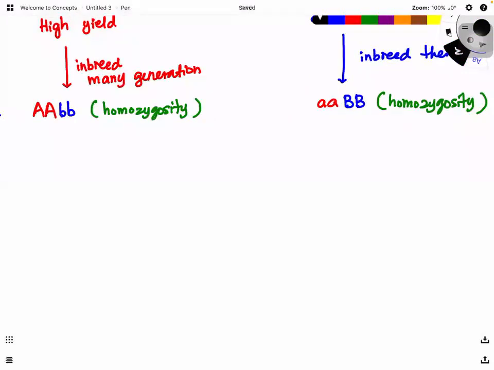How do we do this? So this big A, small b, sorry, produces the gametes big A, small b. Line number 2 also produces the gametes small a, big B. Now, instead of letting them inbreed themselves, what we're going to do here is outbreeding.